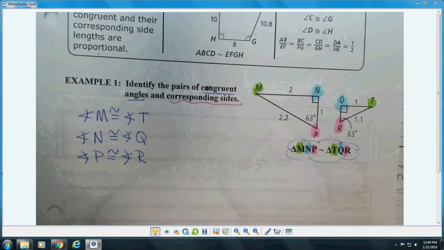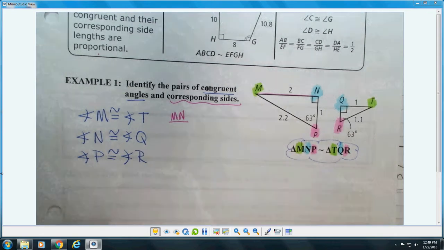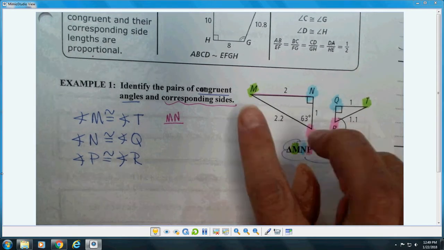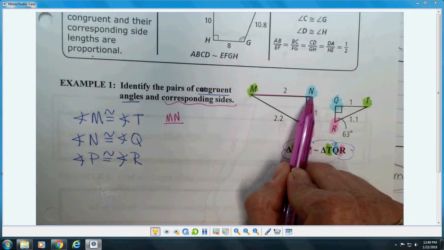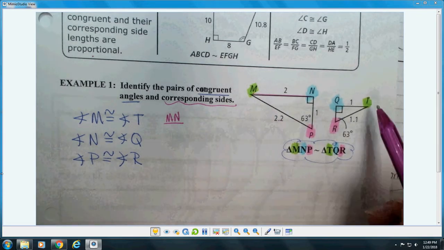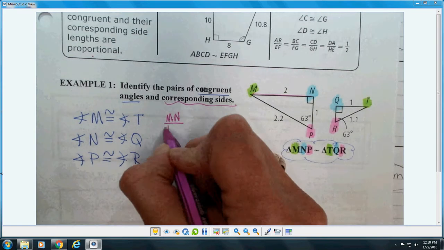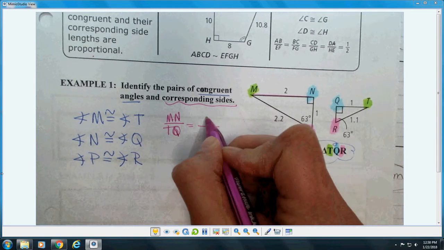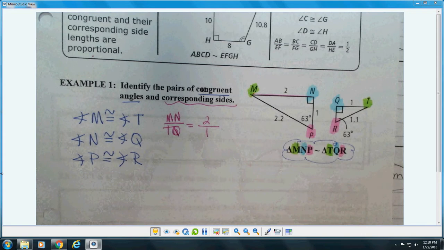So I'm going to just pick a side. I'm going to do MN first. MN is corresponding to what on this other triangle? Well, that's where my markings come in handy. I went from green to blue, so I must do the same when I am on this one. So I'm going to go from T to Q. So MN I know is 2, TQ is 1. Can that be simplified?